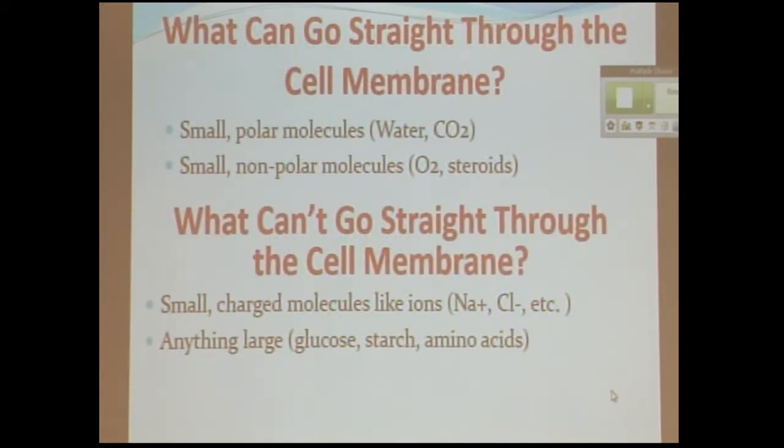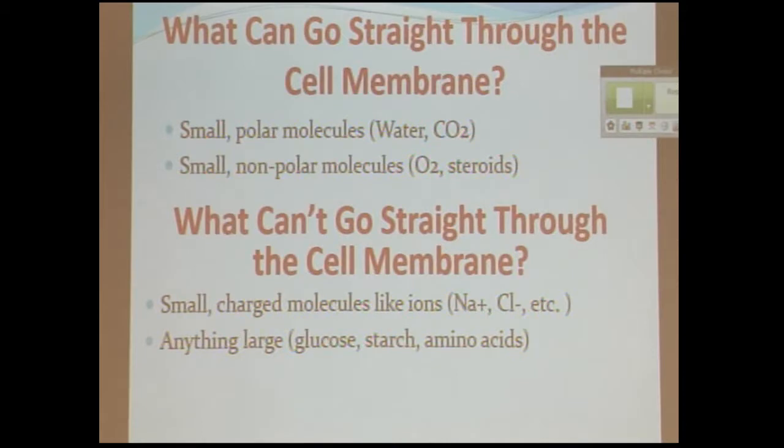All right, so what can go straight through? Small polar things, which means they're slightly charged, but not very, very charged, not fully charged. Things like water is small and polar, carbon dioxide. Also, something that's small and nonpolar, or uncharged, completely uncharged, like O2.